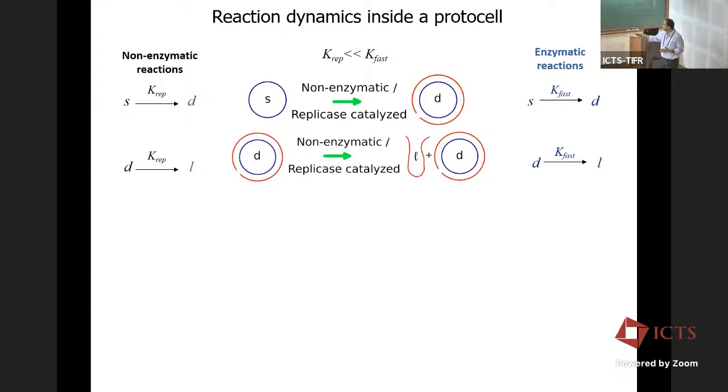So you can have a single-stranded circular RNA getting converted into a double-stranded circular RNA like this, both non-enzymatically as well as enzymatically if there is a replicase to catalyze this primer extension process. A double-stranded RNA can then get converted to an open-ended single-stranded RNA called L here.